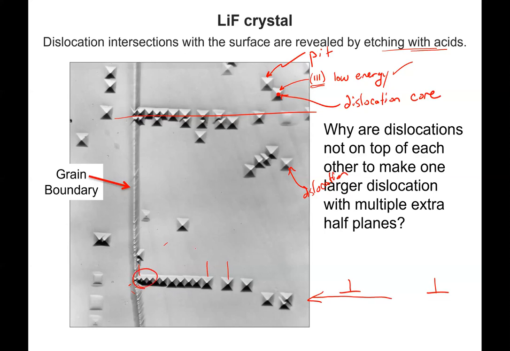Maybe we would have 2 extra half planes or 3 extra half planes, etc. So we'd like to explain also why the dislocations appear to be repelling each other, and that they need a stress in order to push them together. All right, so that's some of our observations.